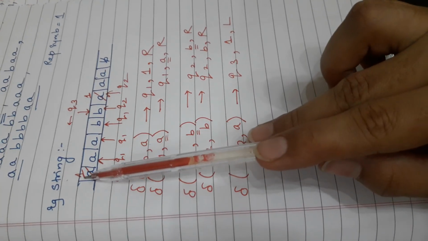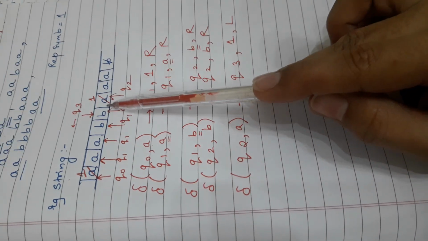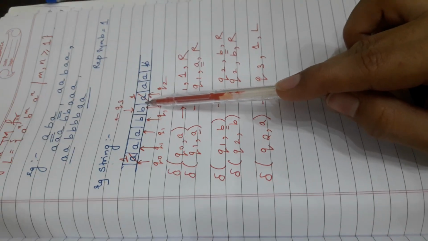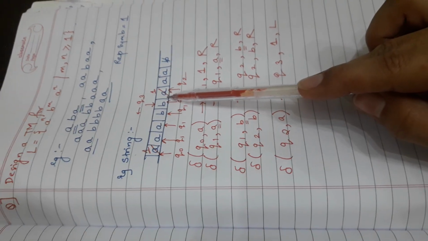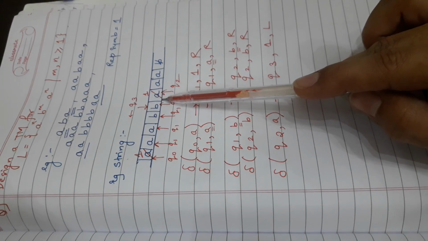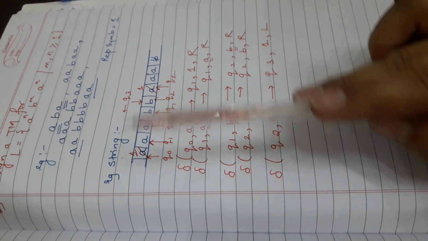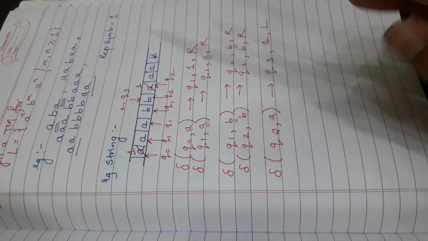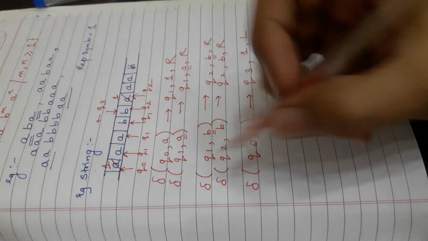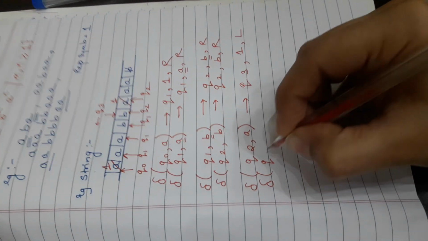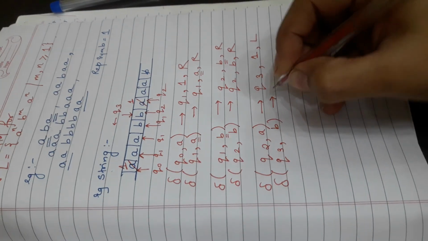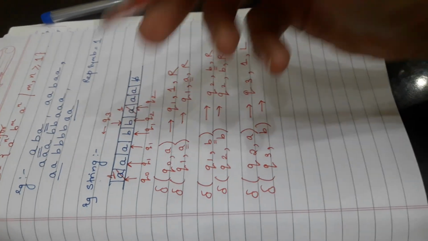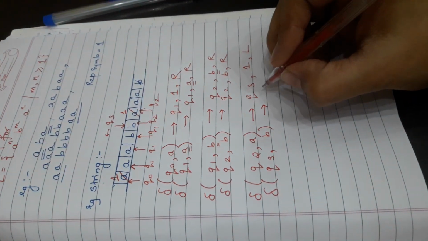We have 1 for this A and 1 for this A. That is, we have measured that there was 1A here and correspondingly 1A here to find equal number of A's before and after B. So for moving backward, if Q3 gets a B, we simply have to skip it and move forward.